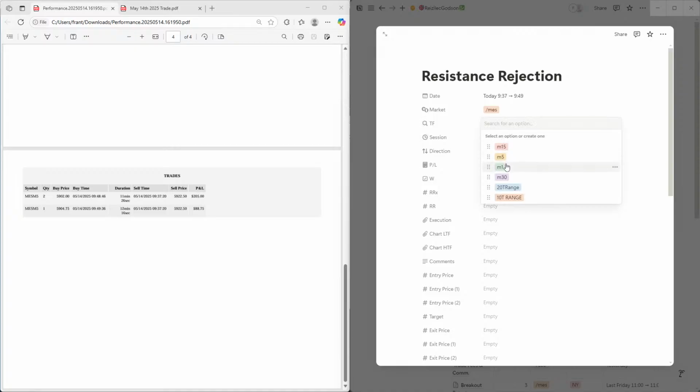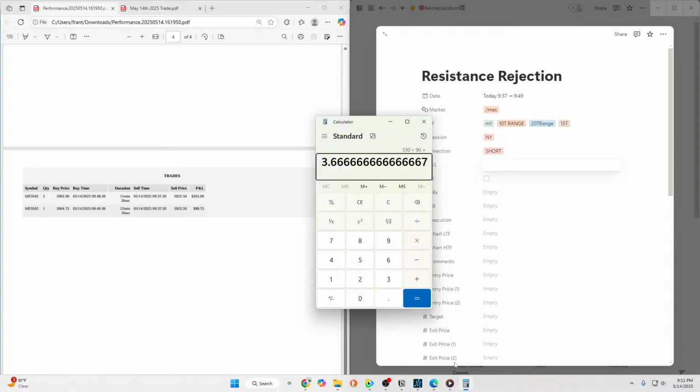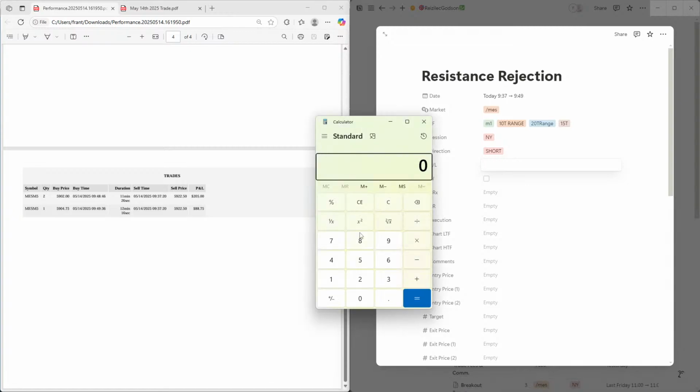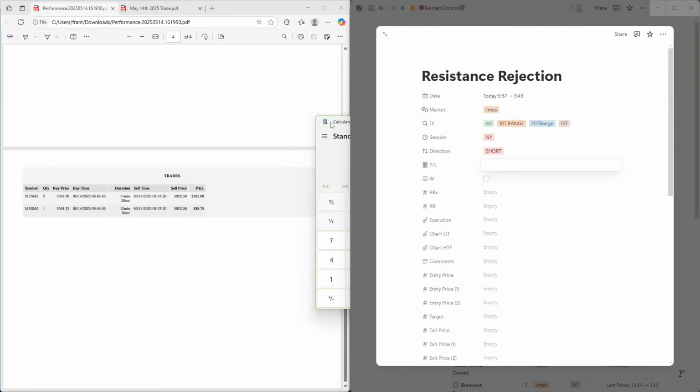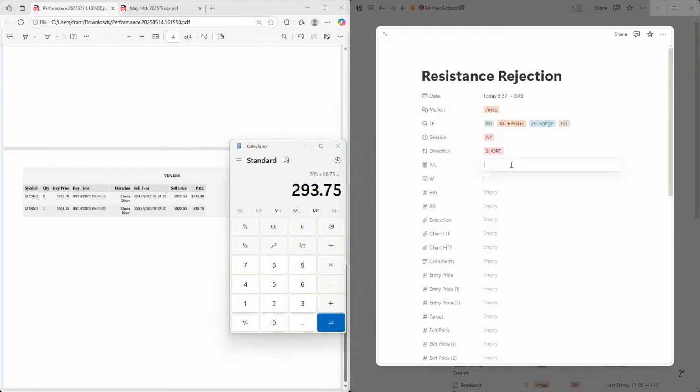Yes. 1 minute, 10, 20, and 15. New York session short. $203.75.